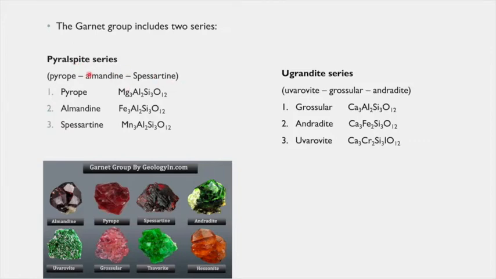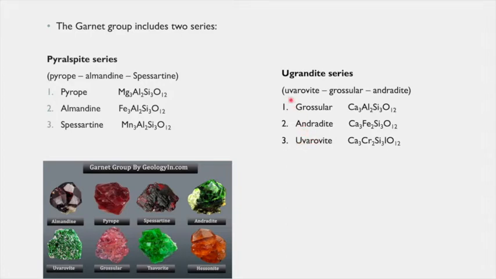This Pyralspite series comprises pyrope, which is magnesium aluminium silicate, almandine, which is iron aluminium silicate, and spessartine, which is manganese aluminium silicate.